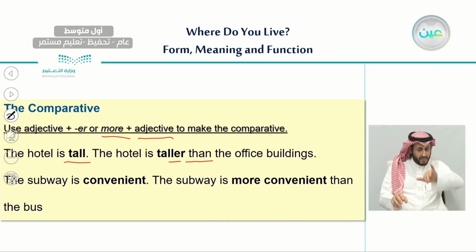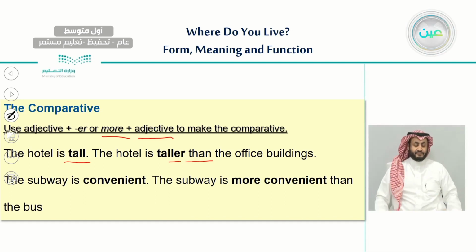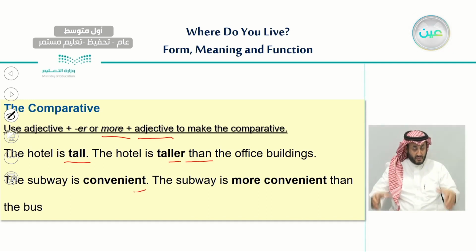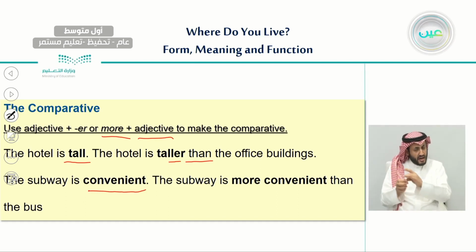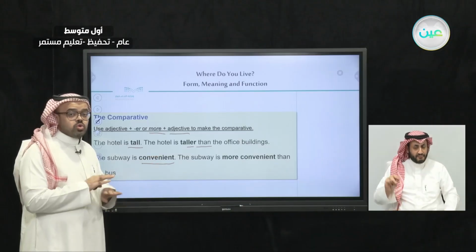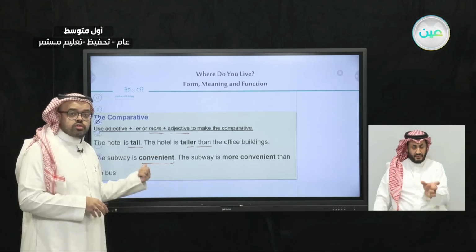For example, the subway is convenient. You see the difference between the word convenient and tall? Tall is a short adjective, but convenient is a longer one, with more than one syllable. So this is why we don't make any changes to this adjective.